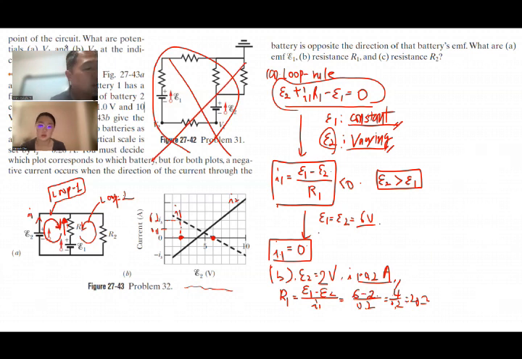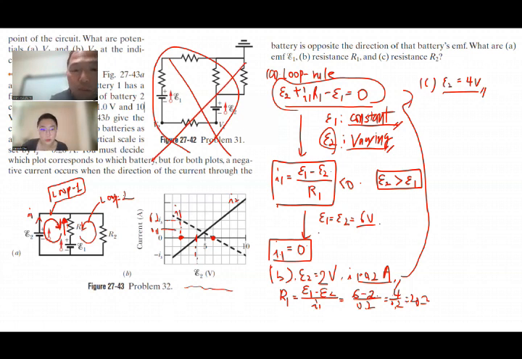And for part C, we have to find out resistance R2. So let's take a look at one of the reference points. If you take a look at 4 volts, so when E2 is 4 volts, then I1 is 0.1, right?